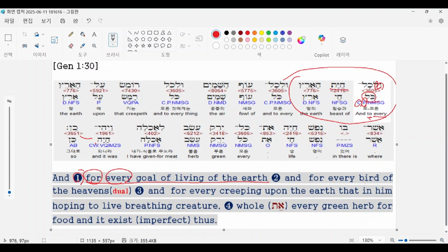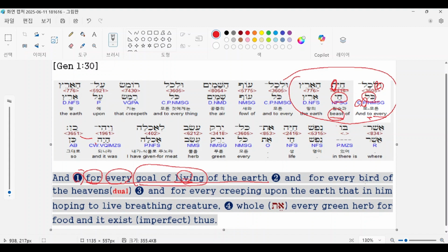And then "chayat," which English translates as beast, but I translate as goal of living, because the last one is the top, which is the goal. And then "chai" is the one living, which is alive. So the beast's goal is what? To live, which means to survive.